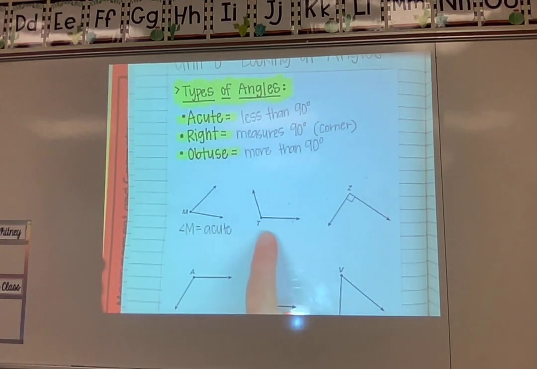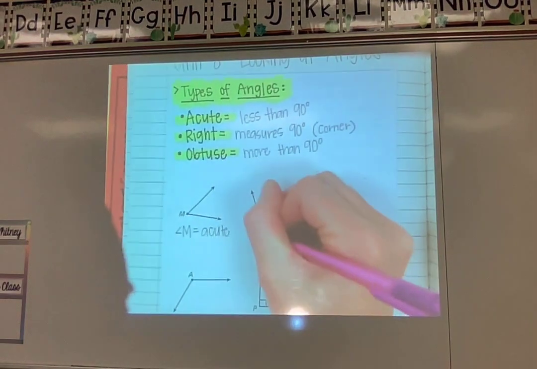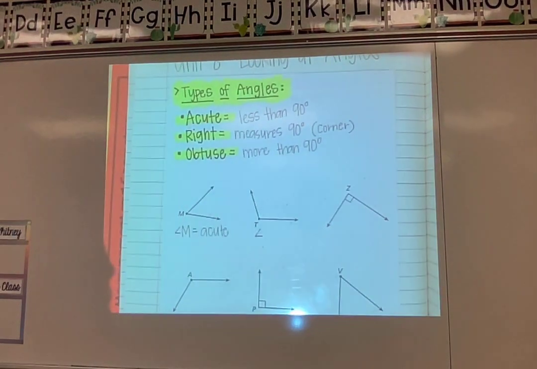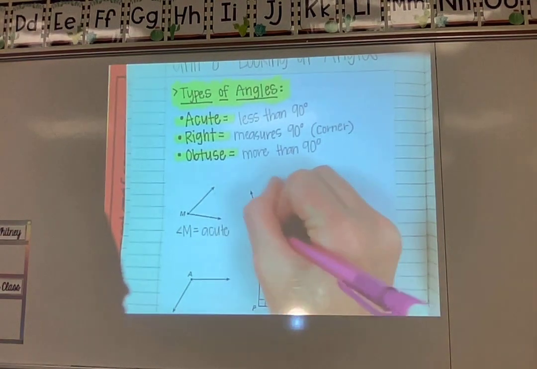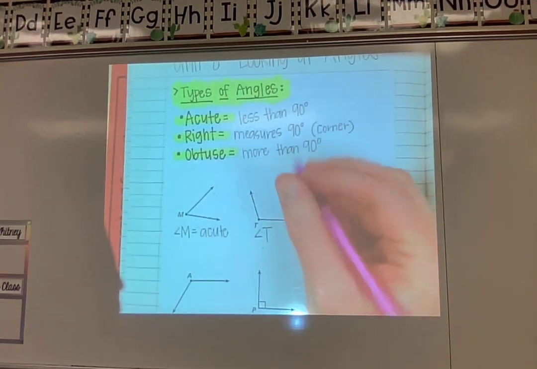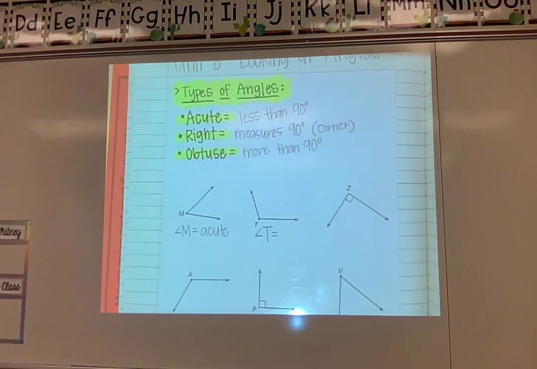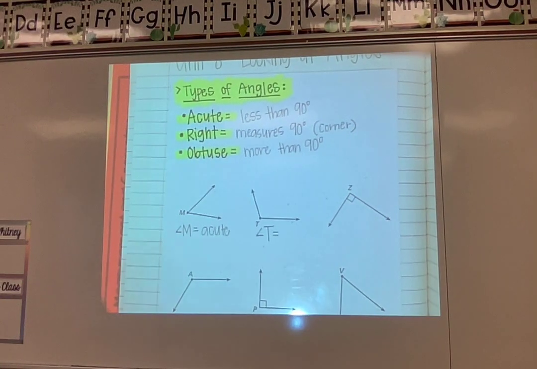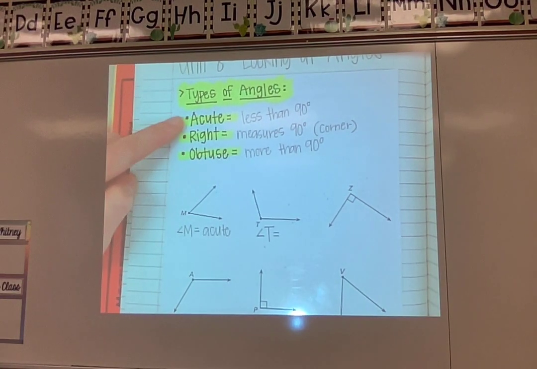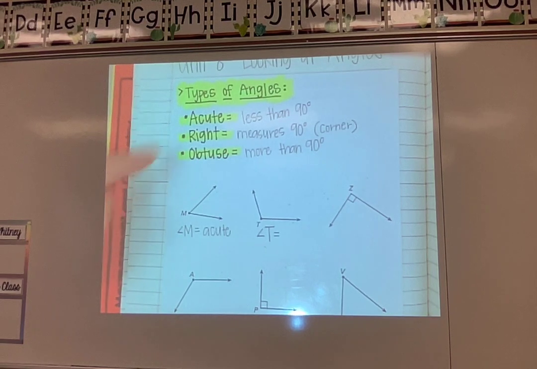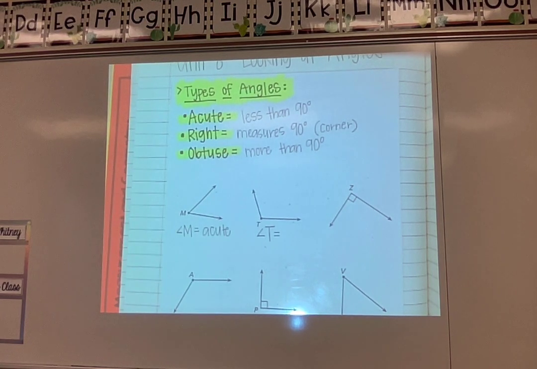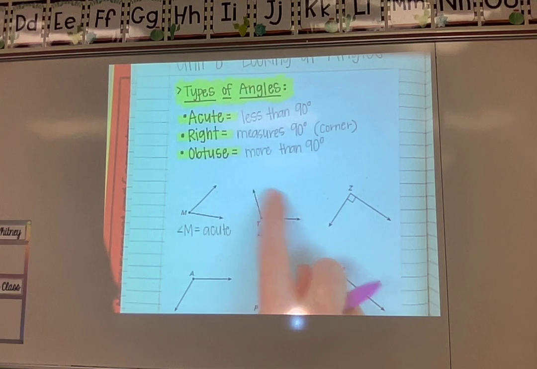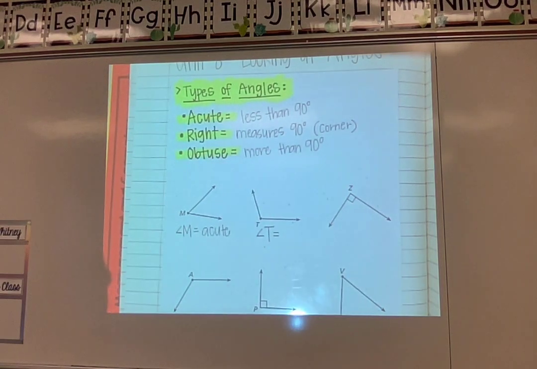Try again with this angle. First, I want to name it. This is angle, so I'm going to use that little mark, and T, because that's the letter they're giving me there. So angle T, and then I'm looking, is it acute, really small, right, perfect corner, or obtuse, big? And this one is big. That opening right there is much bigger than the corner of a piece of paper.